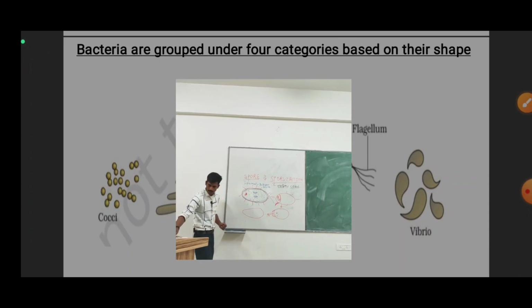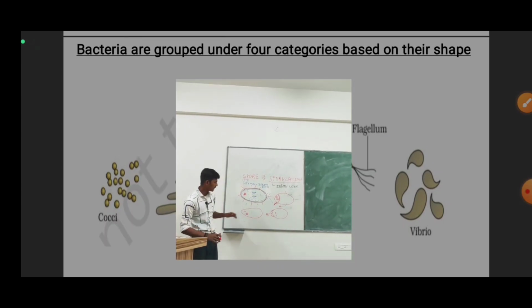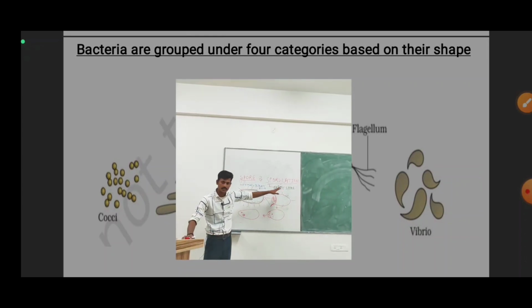Now they have two genetic materials, and they form a covering of the second copy of their genetic material. This process is called spore formation.